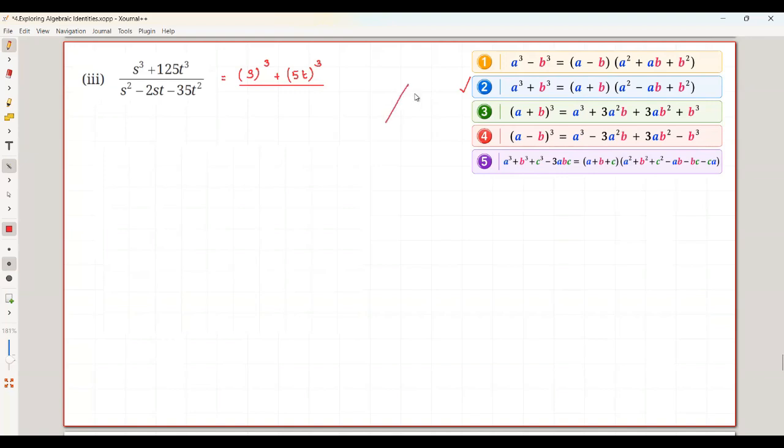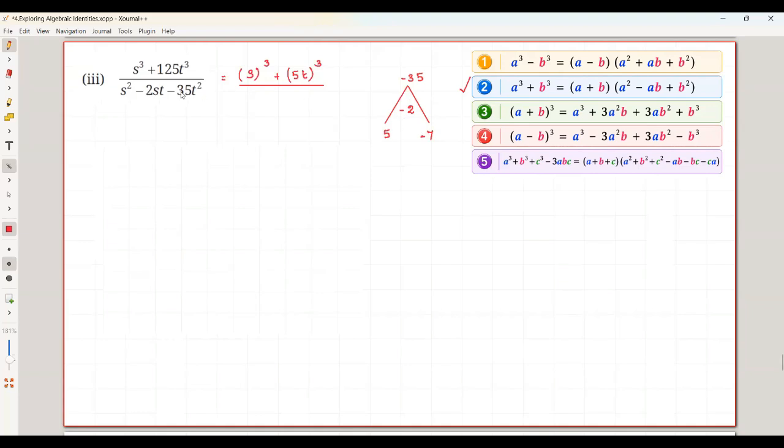The product of two numbers I should get is minus 35, and the sum I have to get is minus 2. The factors are 5 and 7, and 35 I have to get as minus, but at the same time, while adding, I have to get minus 2. So I take the minus for 7. 5 into minus 7 is minus 35, and adding, 5 minus 7 is minus 2.